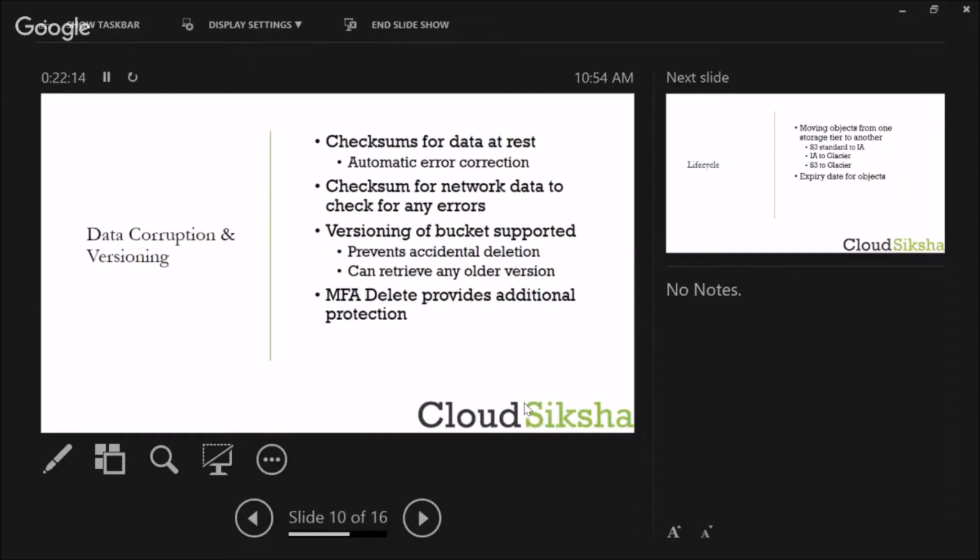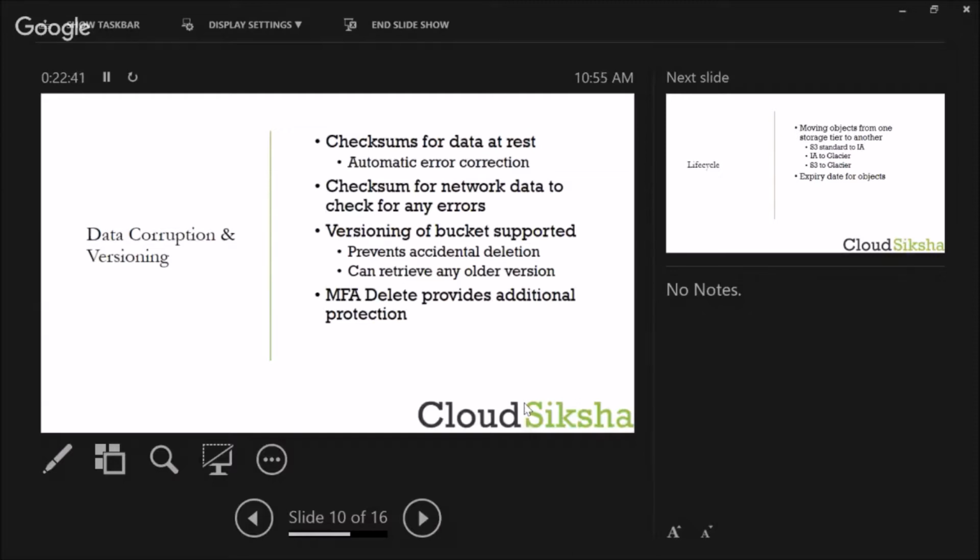Then comes the issue of data corruption and about versioning. S3 uses checksums to continuously check your data at rest. Now, if it finds that there is a problem, it automatically corrects the problem because it has multiple copies of the same object. Remember that it has copies of the same object.